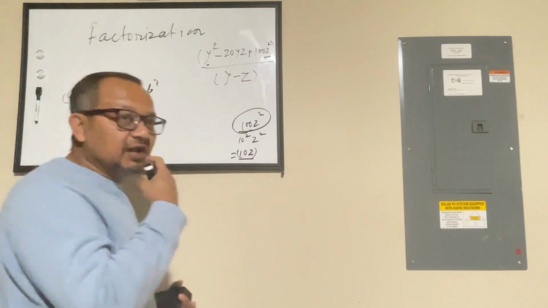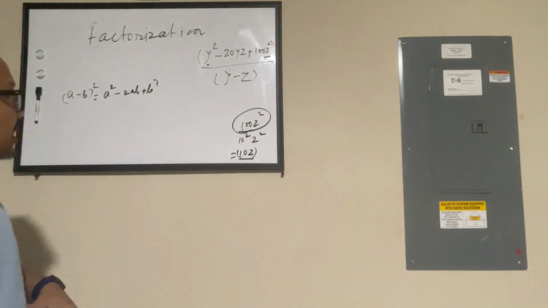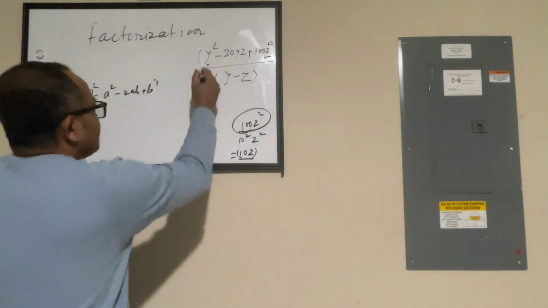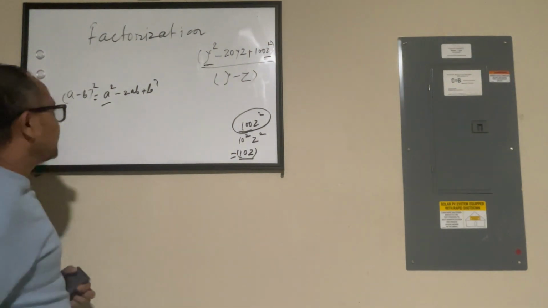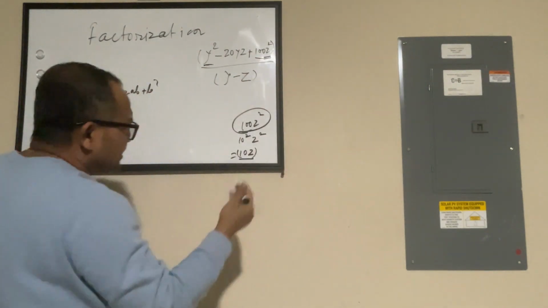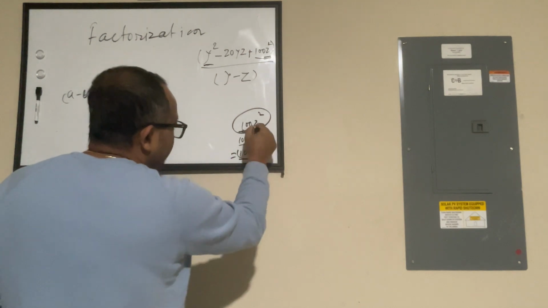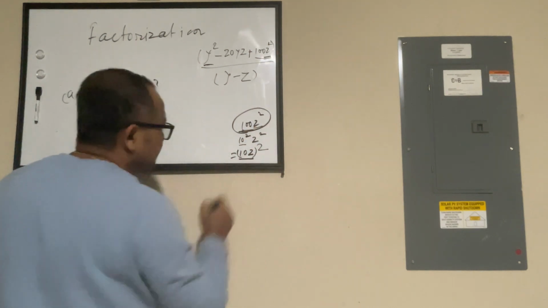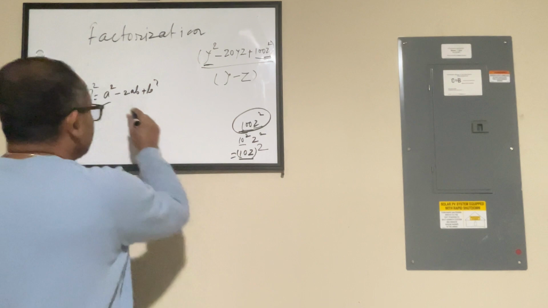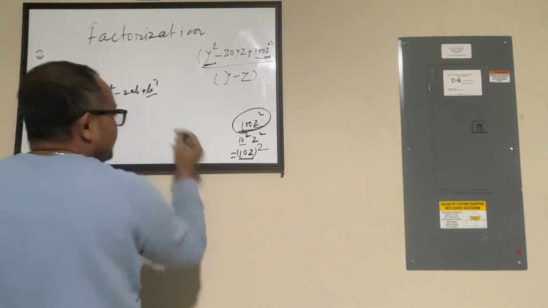So pay attention to the class, okay? When I'm looking at this one, I see this is y squared. I can relate this with a. This 100z squared, is this like a square? I see 100 is 10 squared and then z squared. So I can write this as 10z whole squared. So I got this as this and this as this.